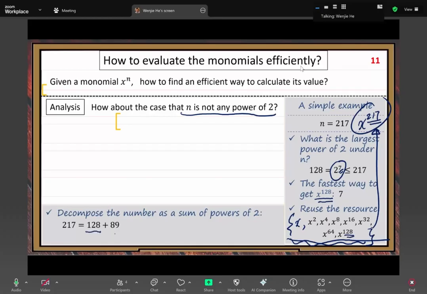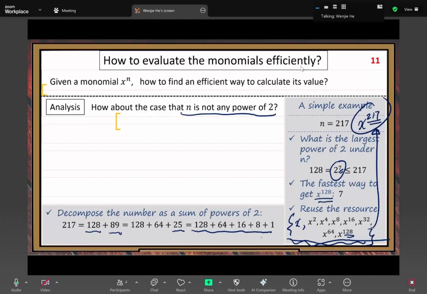But 89 we need to split another time, using the largest possible power of 2 that is less than 89, 64, plus some number, 25. 25 we can write as 16 plus 8 plus 1. Now you can see we represent 217 as a sum of powers of 2.